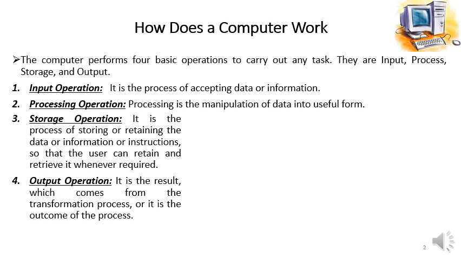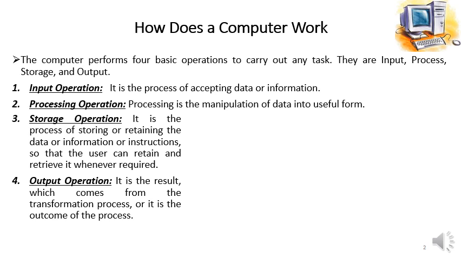So in these four basic operations, four different types of devices or components of a computer are involved. If we see the input operation, input devices are involved. For getting different types of input, different types of devices are used. If you want to input a text, we use a keyboard. If you want to input an image, we use a digital camera or scanner.